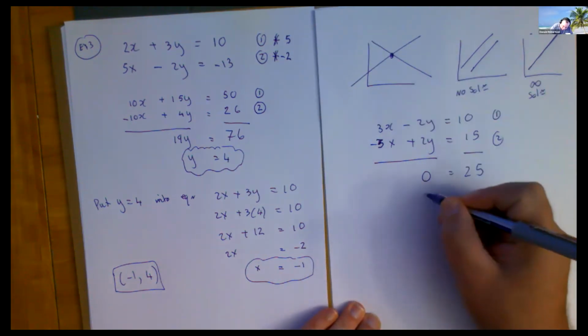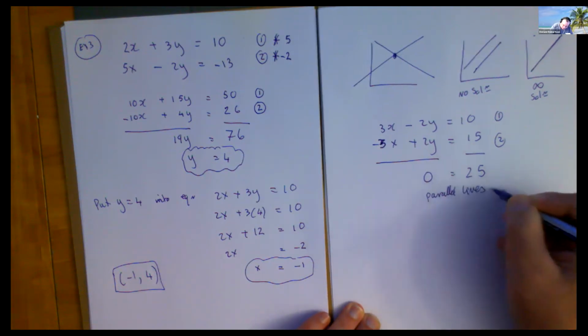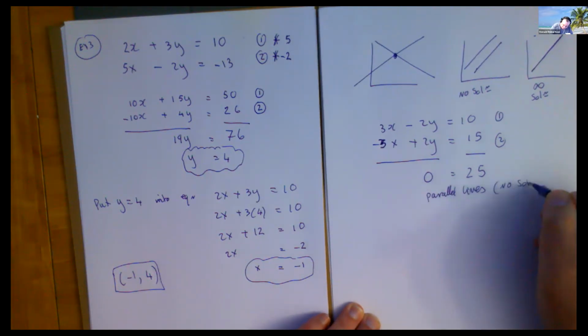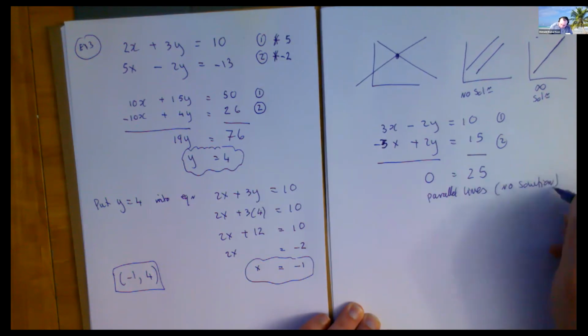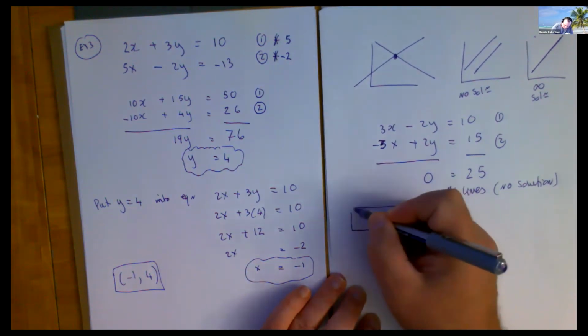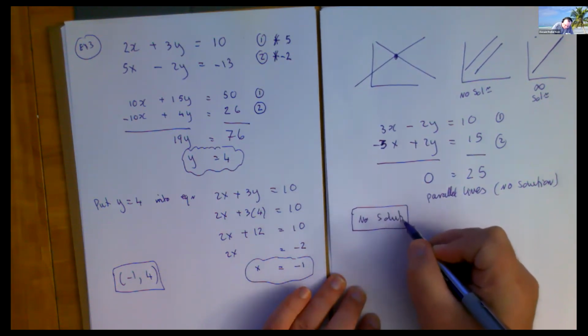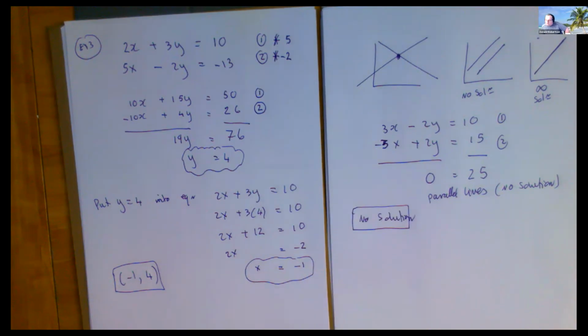And so you are talking about parallel lines, no solution. Now, I'm not quite sure, I guess you'll find out. When you do it, is it a box and you just type in no solution? Has anybody done something that had no solution and that's what you needed to do? Right. So that's what you'll do. You just say no solution and you're good to go.